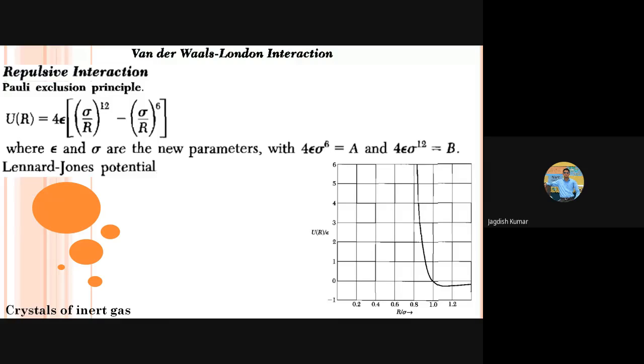Very good, Harish. So you have to take the derivative of u with respect to r, and for the minimum you put that derivative equal to 0. When you simplify, you find the condition at which the minimum occurs is r over sigma equal to 2 raised to the power 1/6, which is roughly 1.12.